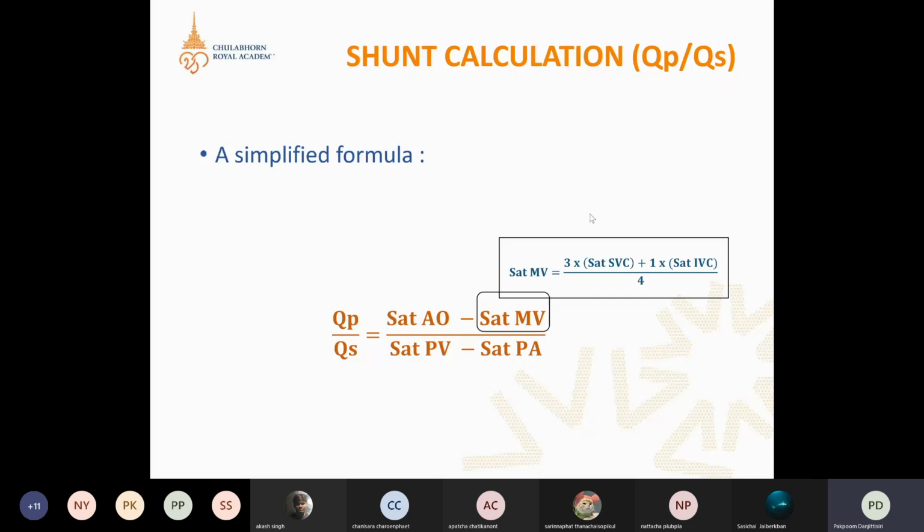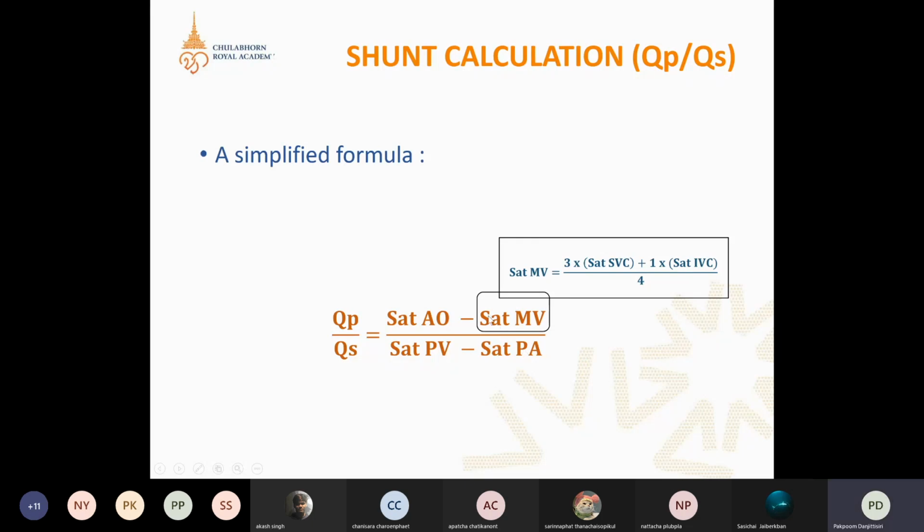You can follow this formula: the saturation in the aorta minus the saturation in the mixed venous, divided by the saturation in the pulmonary vein minus the saturation in the pulmonary artery.